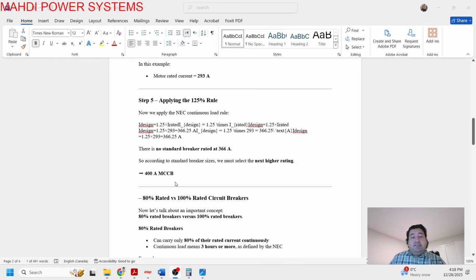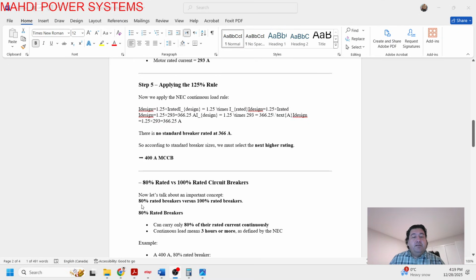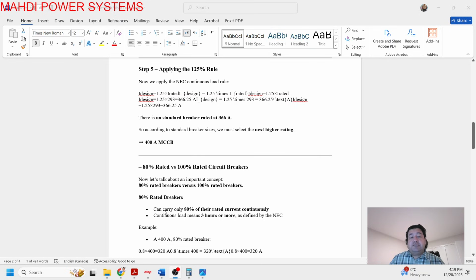Now we have sized the circuit breaker. Let's talk about 80% rated versus 100% rated circuit breakers. It's a really important topic. An 80% rated breaker can carry only 80% of the rated current continuously.